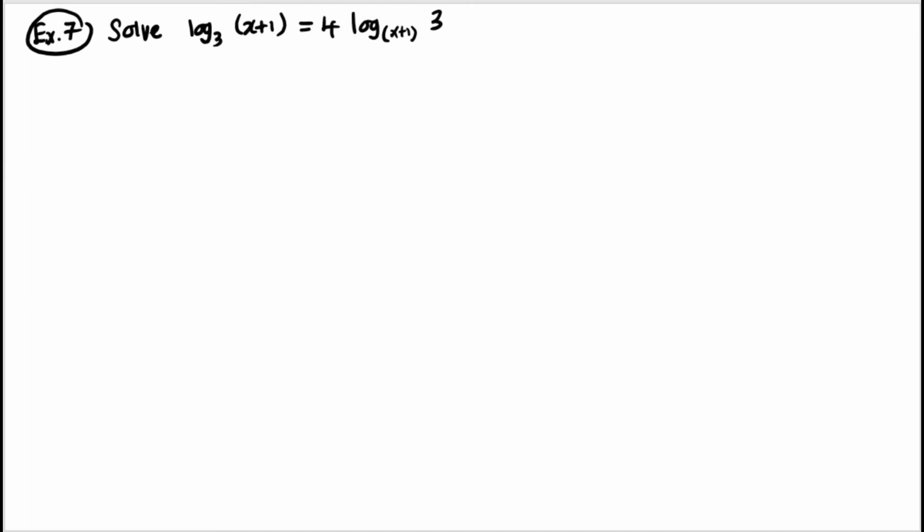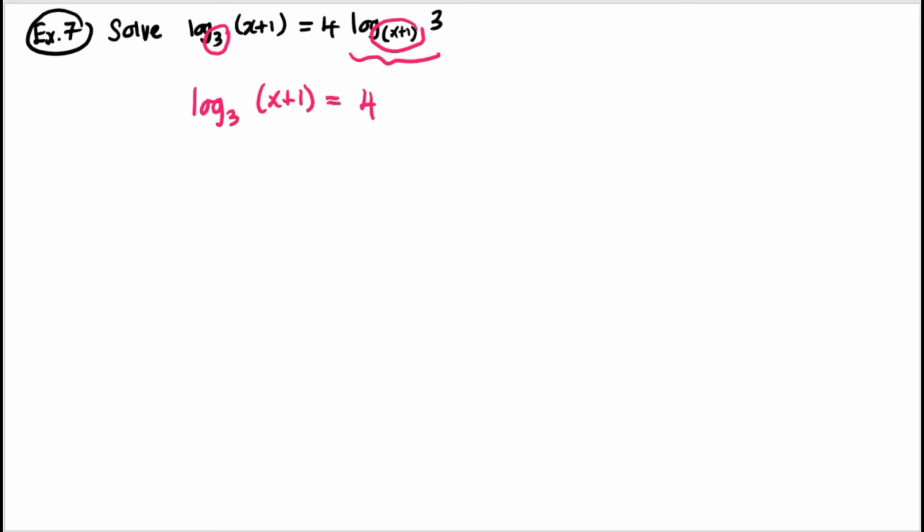Now we have this one. For the first one, we want to make the log the same. We should analyze that this is log base 3, but this one is log base x plus 1. Therefore, I want to make it log base 3, so I have to change the base for this log. So I have log base 3 of x plus 1, which is equal to 4.